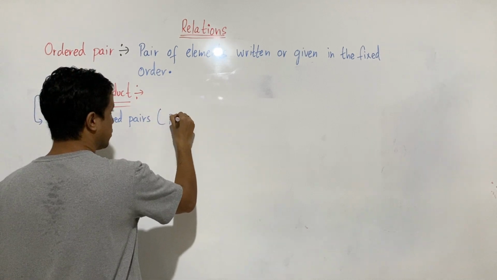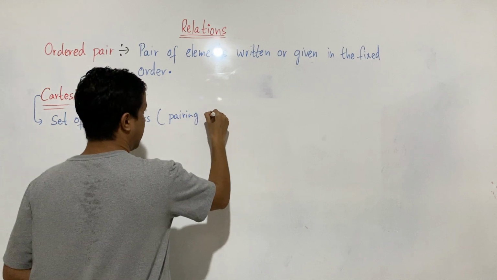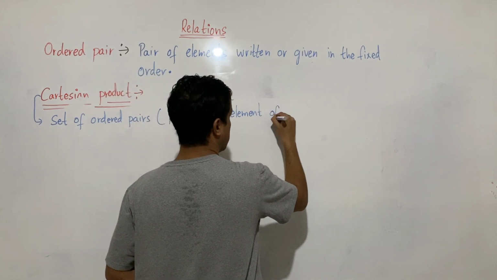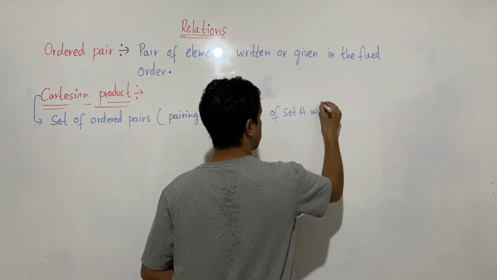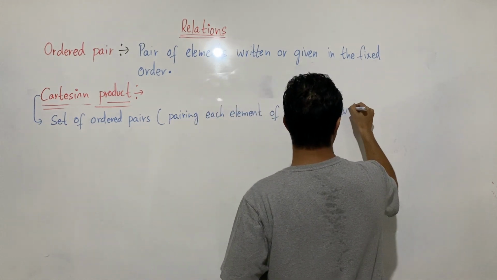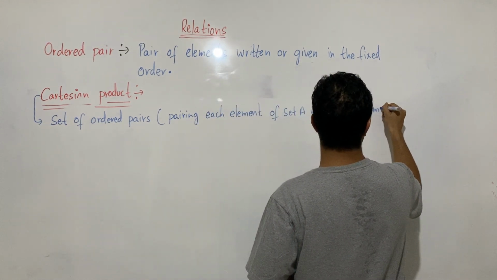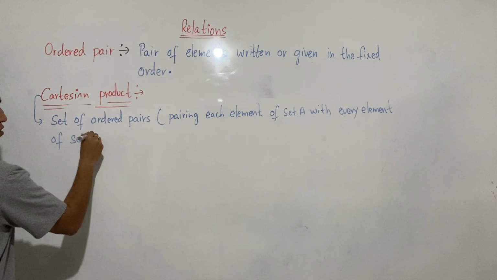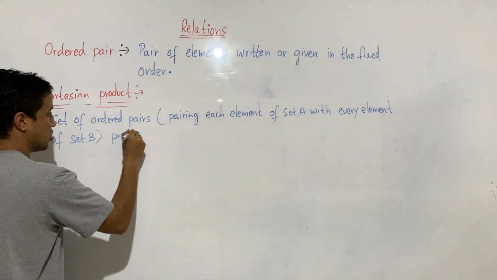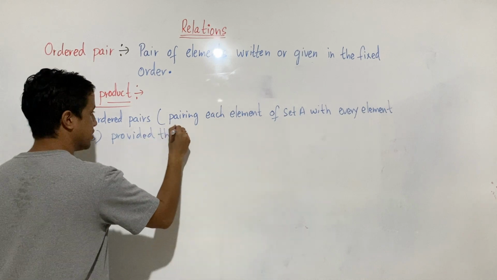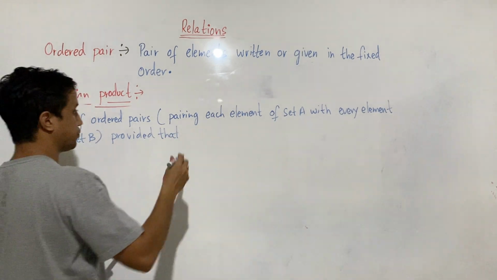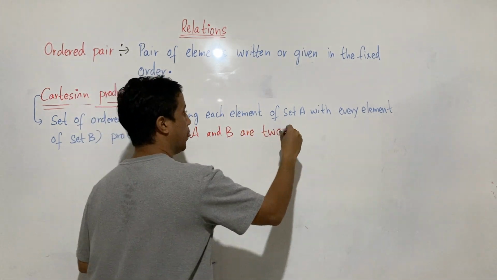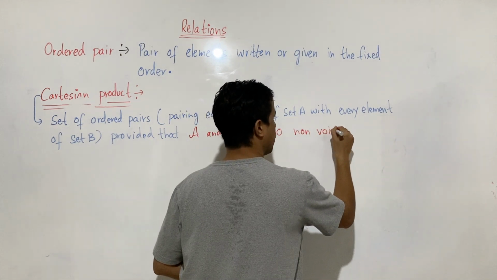By pairing each element of set A with every element of set B, provided that A and B are two non-void sets or non-empty sets.